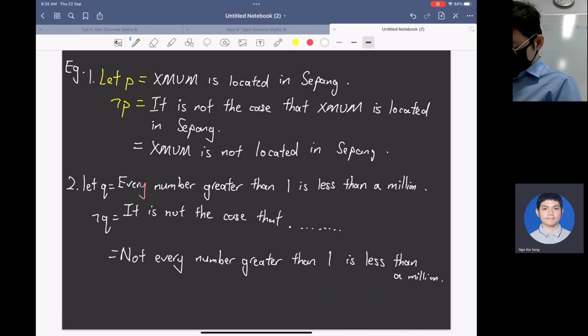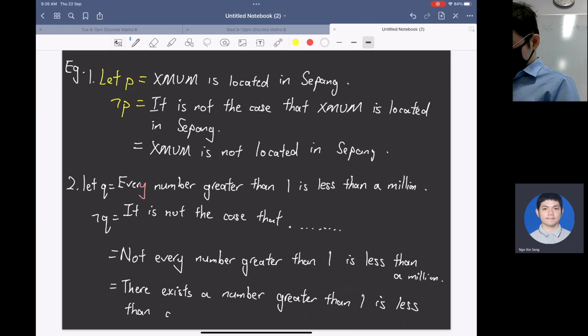Another way to say it is: there exists a number greater than 1 that is not less than a million. And just now your classmate produced that number, which is the counterexample, 2 million.